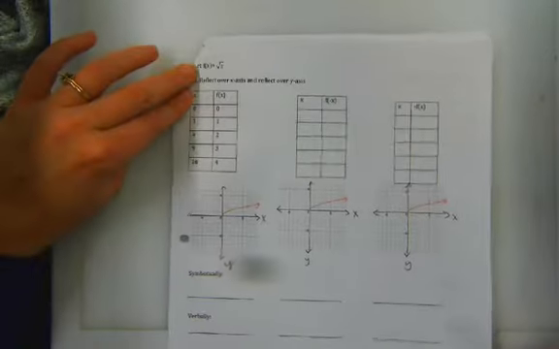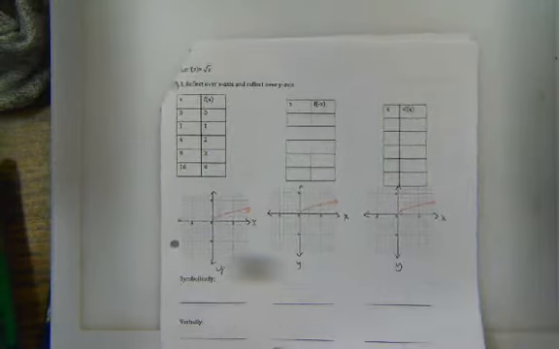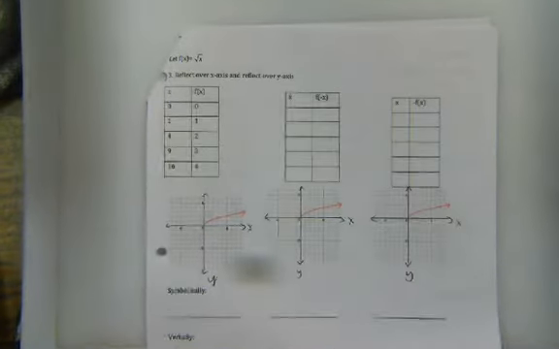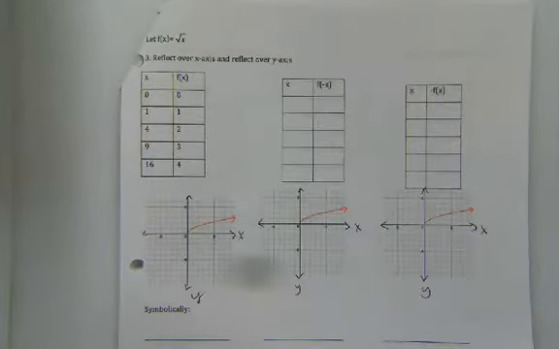Our next transformations are reflections over the x-axis and reflections over the y-axis. I'm going to zoom in here so you can see it, and then I'll zoom out just a little bit. So the square root graph is our parent function. Symbolically, that's f of x equals square root of x. Here's its original table.